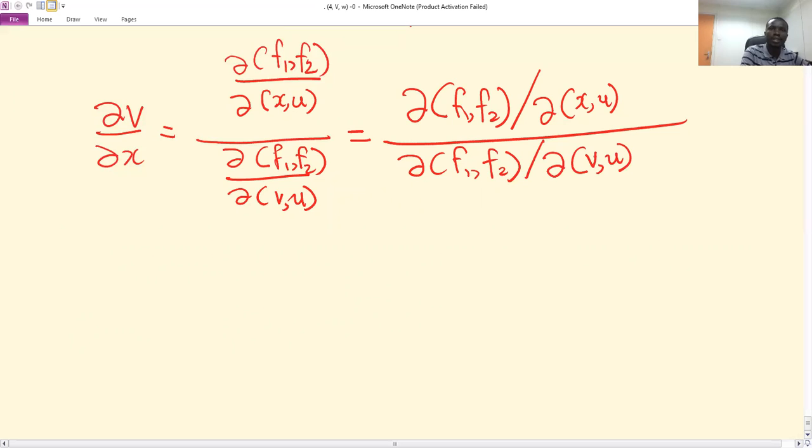Remember, these results are obtained by using the chain rule to find partial f1, partial x, and partial f2, partial x, and making partial u, partial x and partial v, partial x the subject.